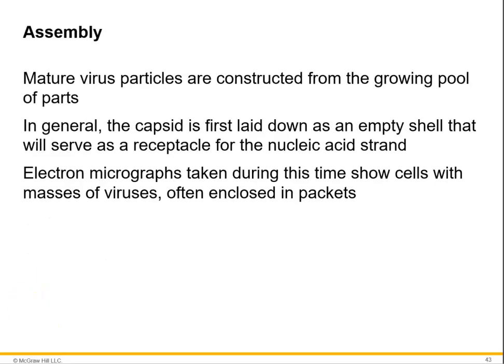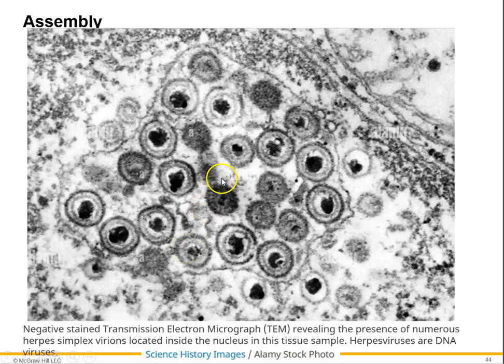Assembly. So the mature virus particles are going to be constructed from this growing pool of parts. Generally, the capsid is the first thing that's laid down, and electron micrographs taken during assembly are going to show masses of viruses, and I'll show you right here. We have the presence of herpes simplex virions inside of the nucleus.